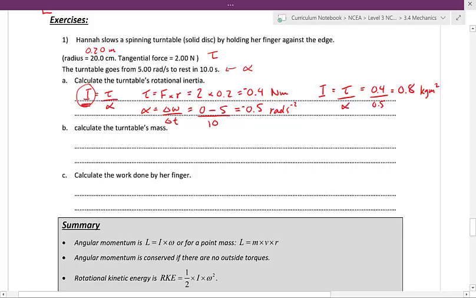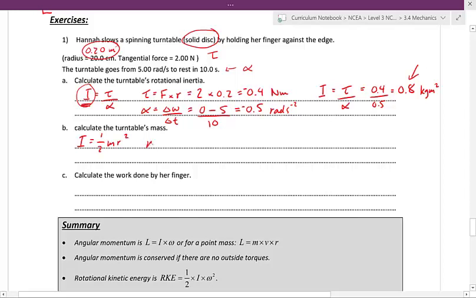Okay, next we're asked to find the turntable's mass, and we're told that it's a solid disk. We now know I, and we know R here. So I is equal to half mr squared for a solid disk.